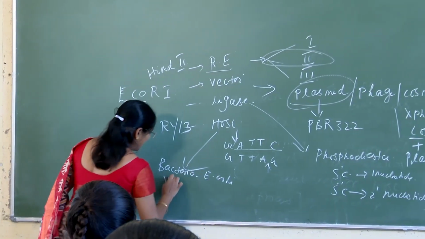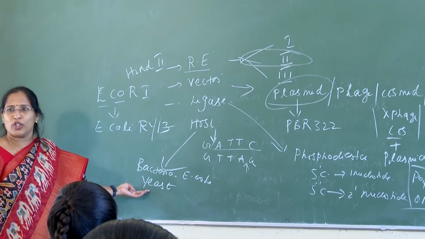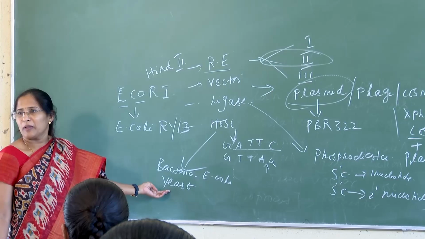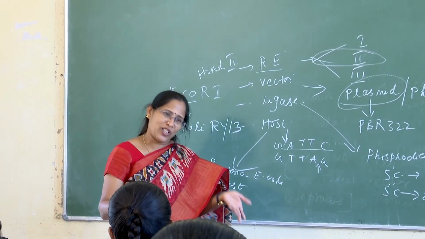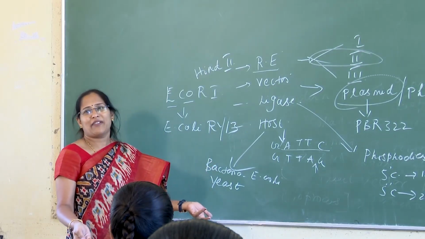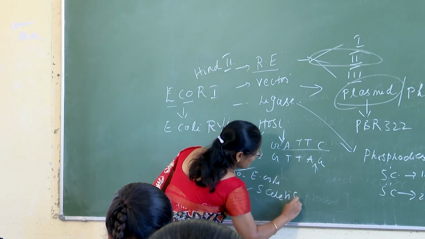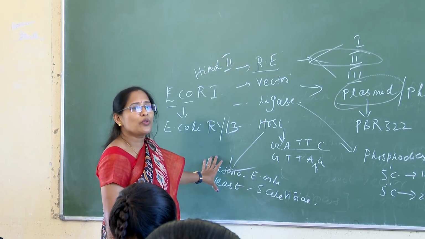Next is yeast. I have given the hint already. You should name the yeast. Commonly studied yeast: Saccharomyces cerevisiae. That is what you are studying. So only that yeast is available. Got it? Now these are the two commonly used hosts.